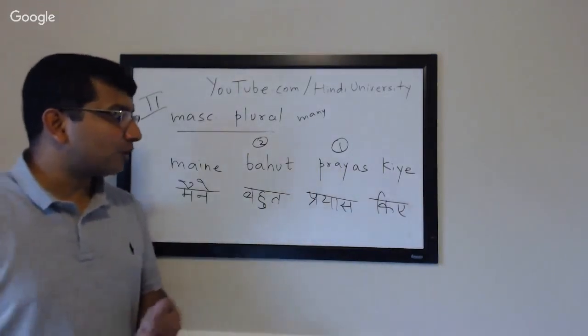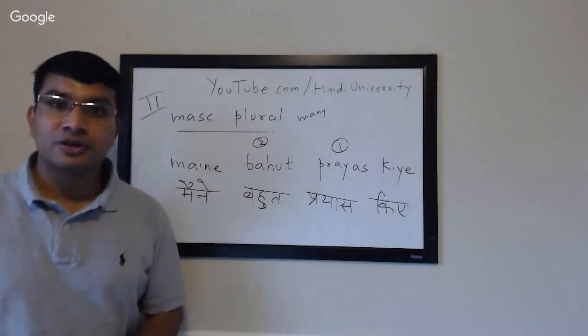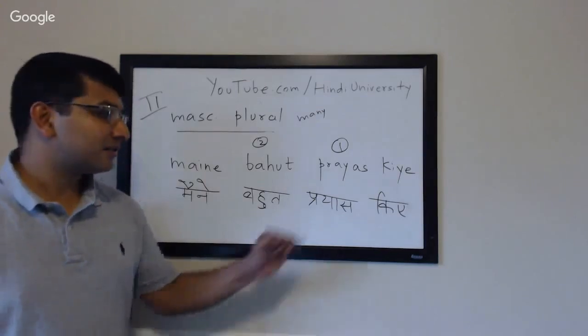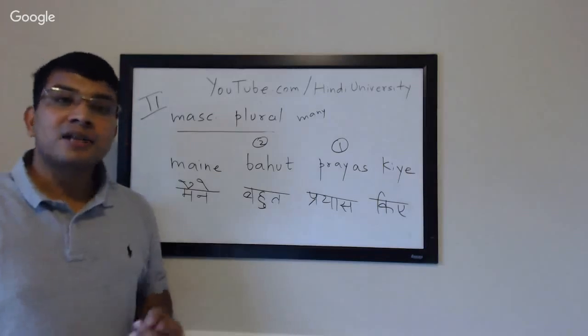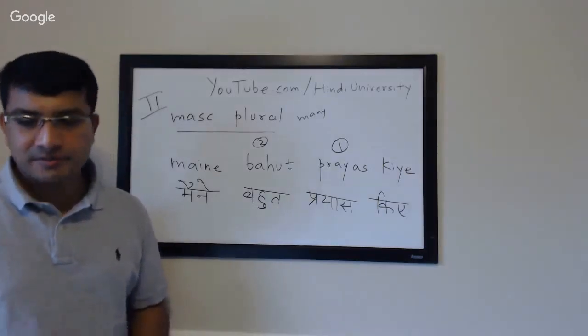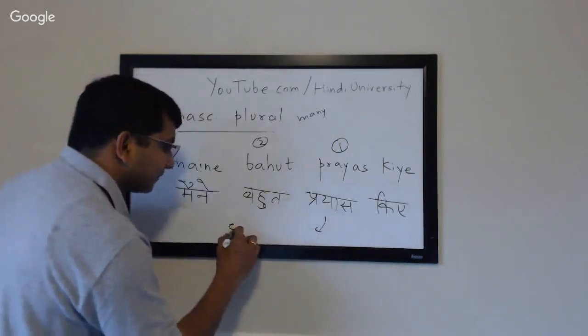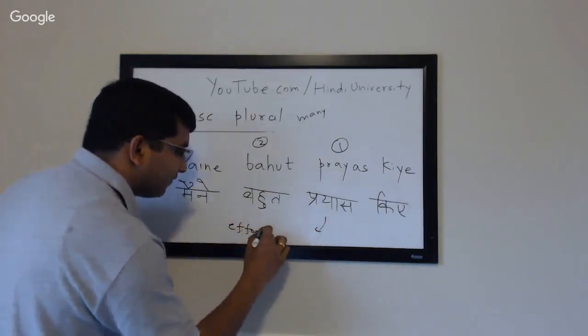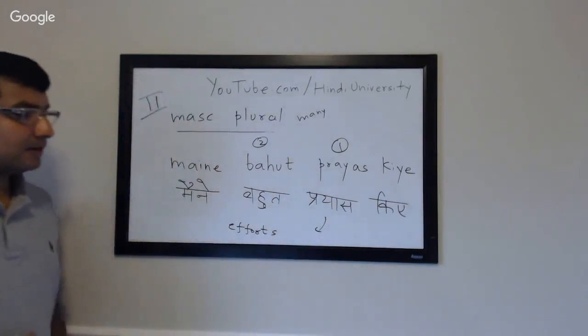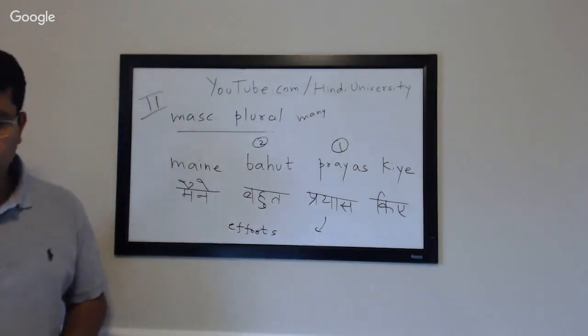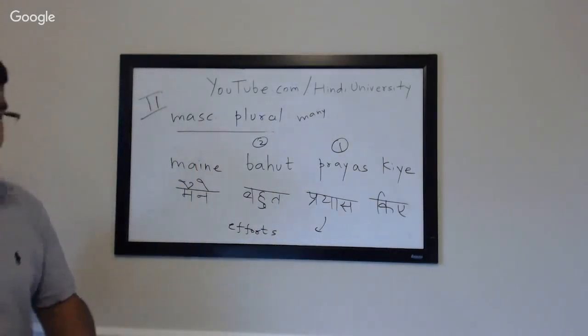Now you are probably wondering what is prayas. For some of you who are regular to Hindi University videos, you know that you can ask this question in Hindi: प्रयास का मतलब क्या है? What does it mean? And you will say प्रयास का मतलब efforts है. Efforts.